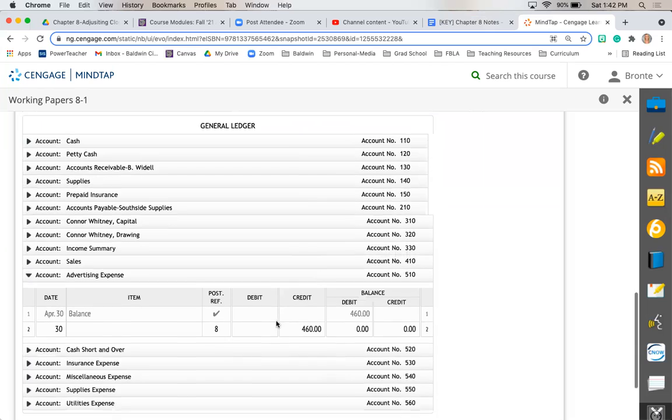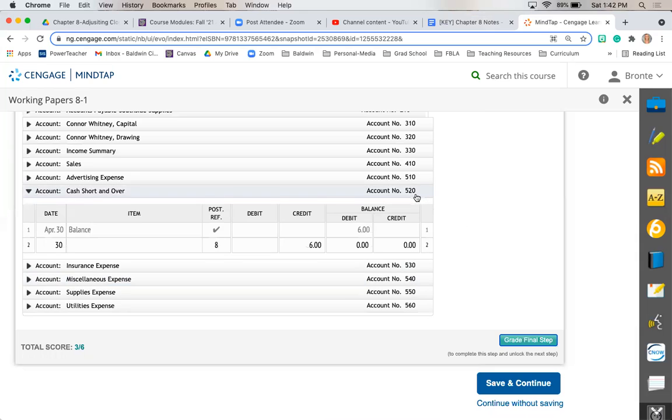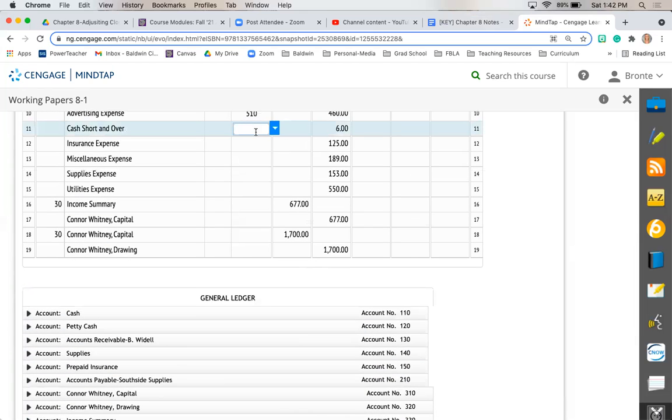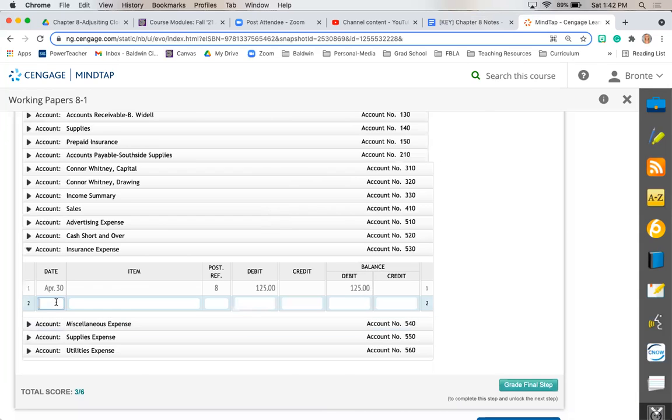Next, cash short and over. 30th, page 8. It had a credit of $6, which will zero those out. Account number 520. Insurance expense, 30th, page 8. Credit of 125, which is going to zero that out.